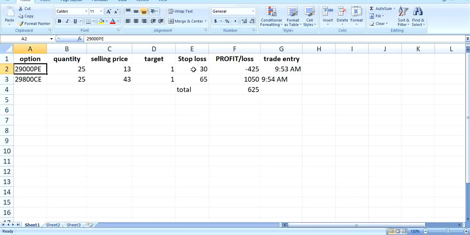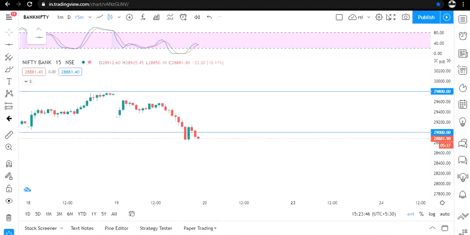Okay, so here you can see, traders, that the 29,000 put stop loss was triggered, but in the 29,800 call we made profit. The loss which we booked in the 29,000 put was 425 and the profit in the 29,800 call was 1,050. So our net result was profit and we made a profit of 625 rupees in option selling.